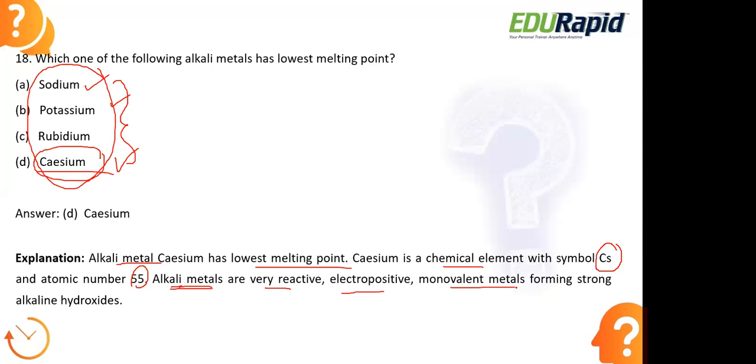They are monovalent metals, having only one valence electron, forming strong alkaline hydroxides. When they react with water, they dissolve in the water and form alkaline hydroxide, for example sodium hydroxide, potassium hydroxide, rubidium hydroxide, cesium hydroxide, since they are alkaline in nature. Clear? Moving to the next question now.